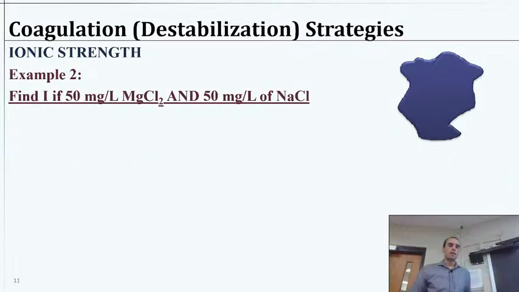So take a minute and work on this problem where you have not only magnesium chloride, but also sodium chloride. Okay, so now I'll get you the atomic weights here in a moment. Remember that I is 1/2 times the sum of the concentrations in molar units of each species times their particular charges squared.